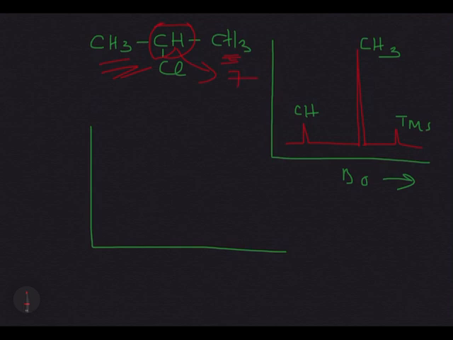If it splits into 7, then the intensity ratio will be 1:6:15:20:15:6:1.